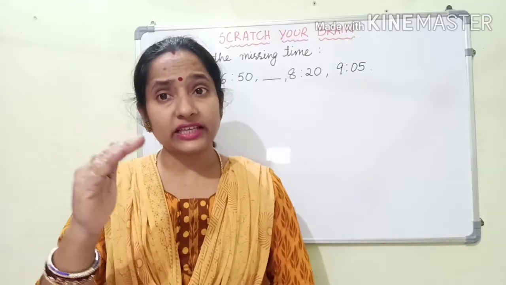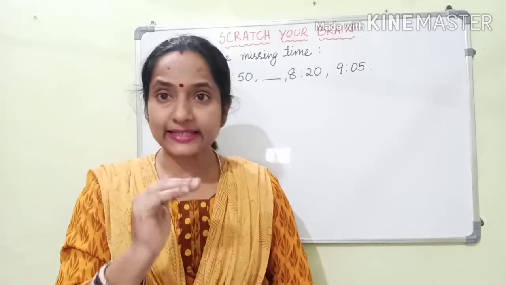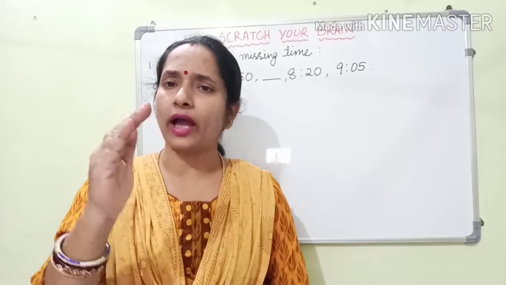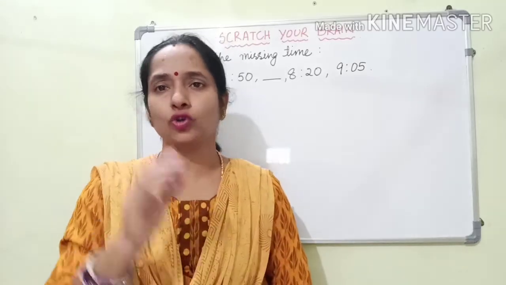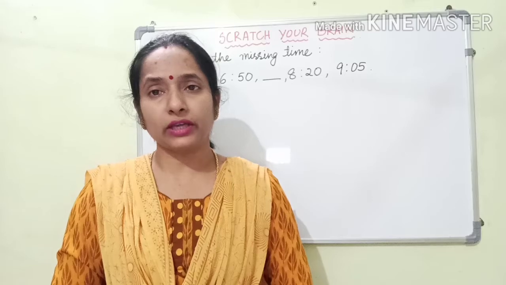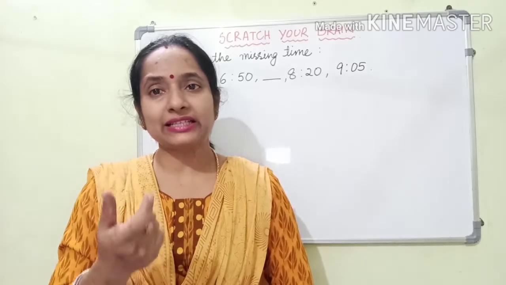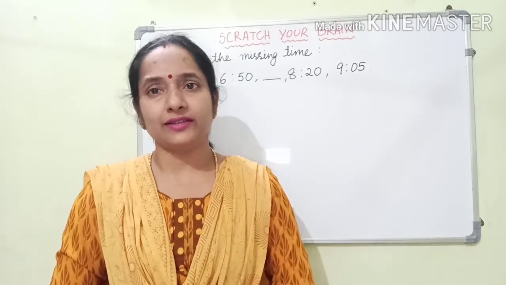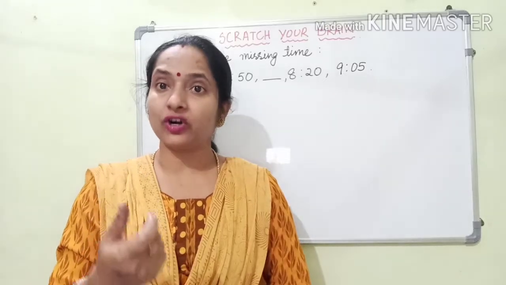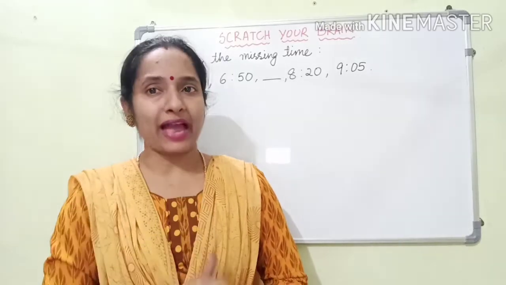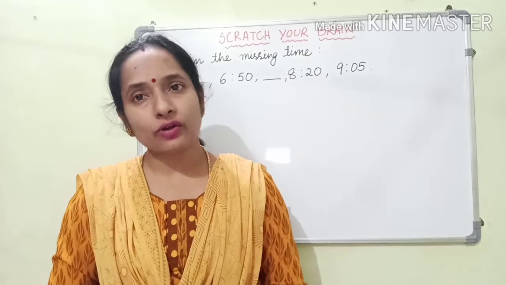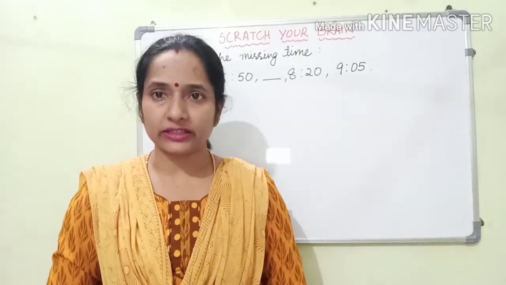And if the series is in decreasing order, you have to keep on subtracting the common difference. Okay, in this way you can find the missing digit or missing number or missing time as it is given here. So now let us solve the first sum given in this.